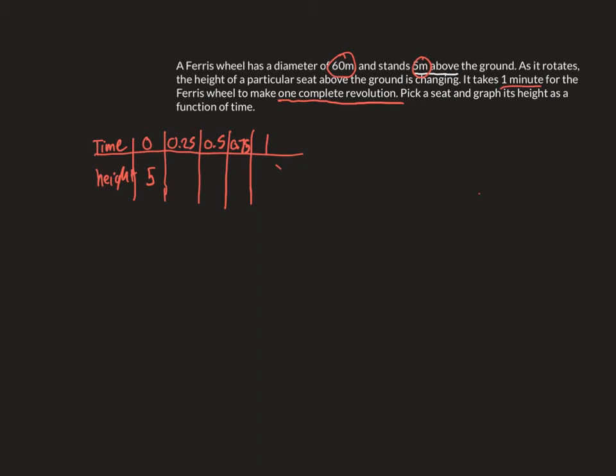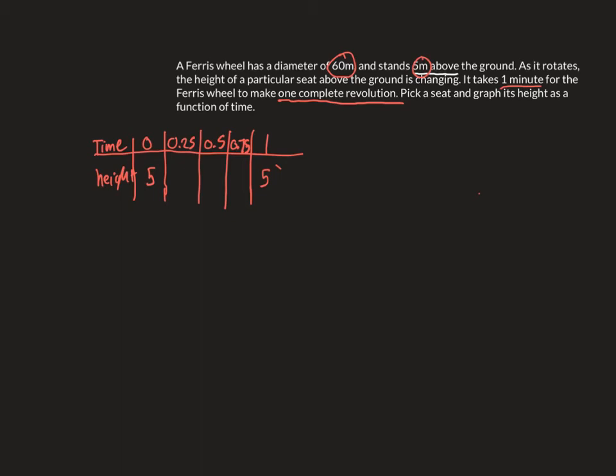Well, you know it has a maximum of 60 meters, and you know it's done 1 complete rotation in 1 minute. So that means in 1 minute I should be back at the 5 meter mark, which means halfway up I should be at my maximum.